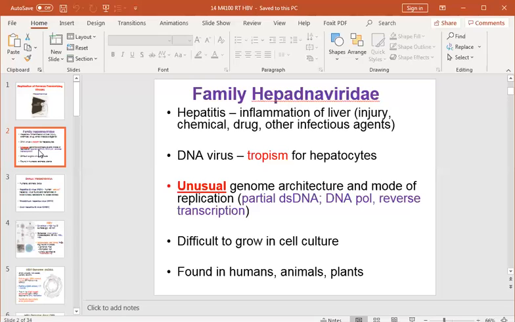These viruses have a wide host range. They can be found in humans, animals, and plants. However, they are difficult to grow in cell culture in laboratory settings.